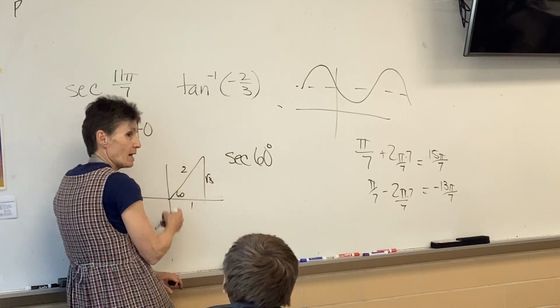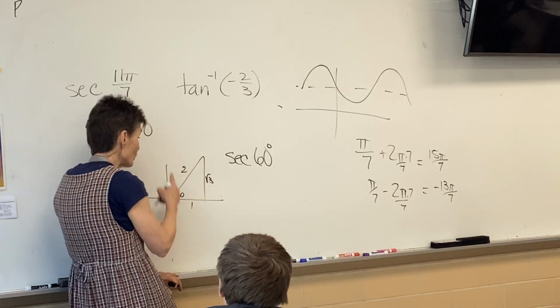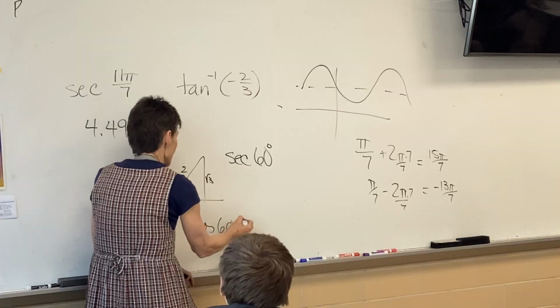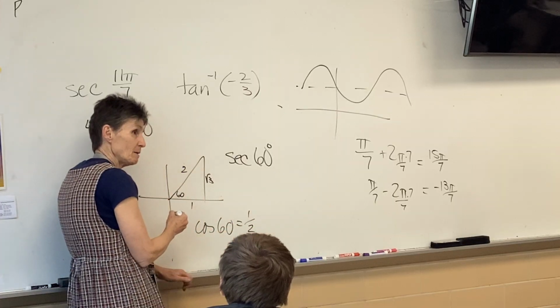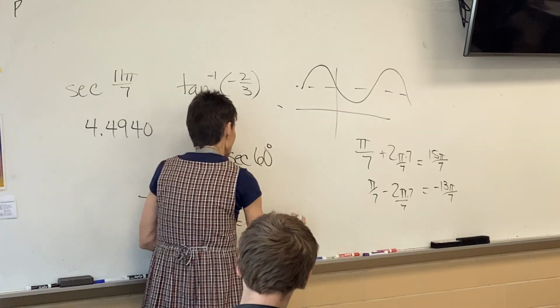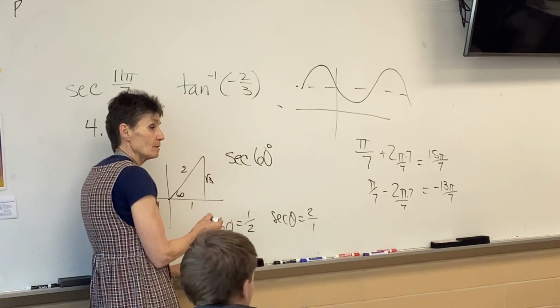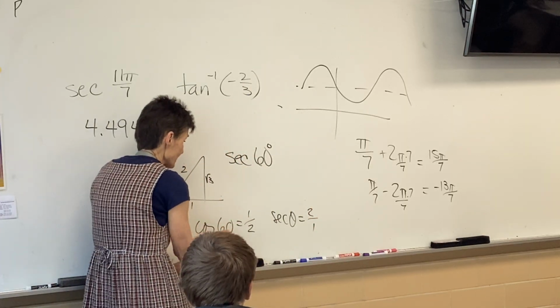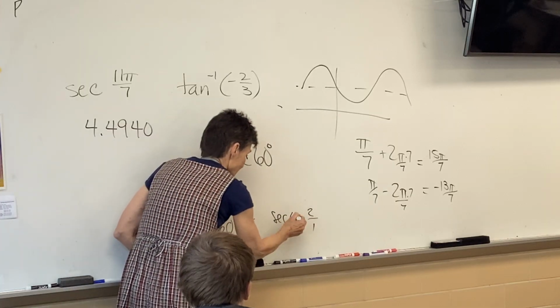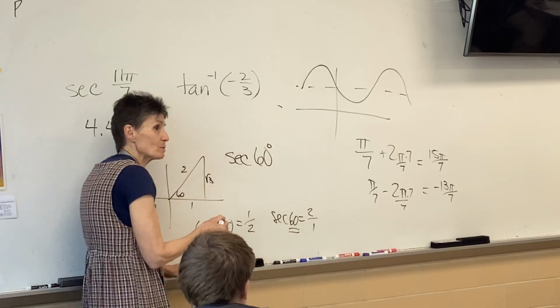The cosine of 60 is 1/2. Do you agree with that, Jimmy? Which means the secant of 60 is 2/1, right? So see how that is 60 and that is 60? I don't take the reciprocal of the angle.